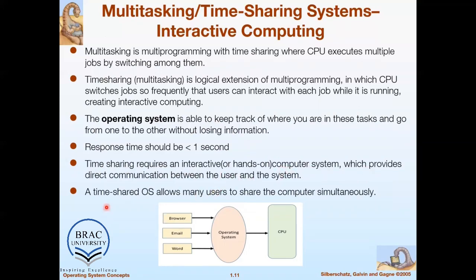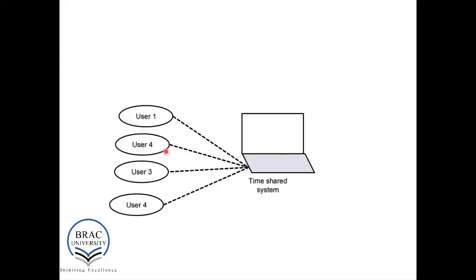In order to elaborate this point, let's take an example. Here we have a time-shared system with 4 users who are sharing it. In this time-sharing system, the switching between the jobs of the users takes place so quickly that the users don't even realize that they are sharing the system.